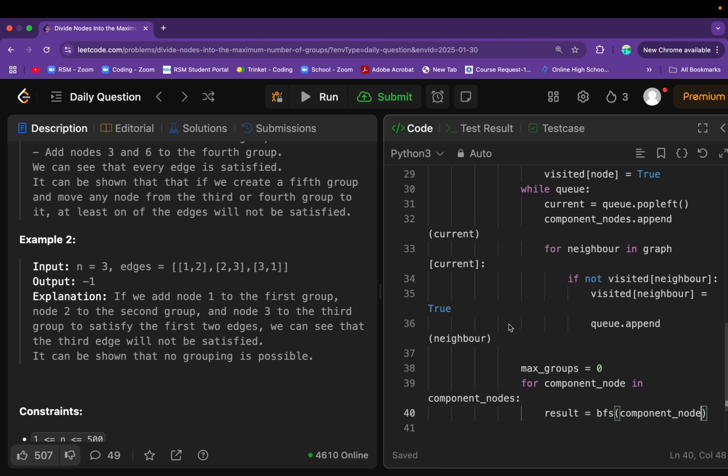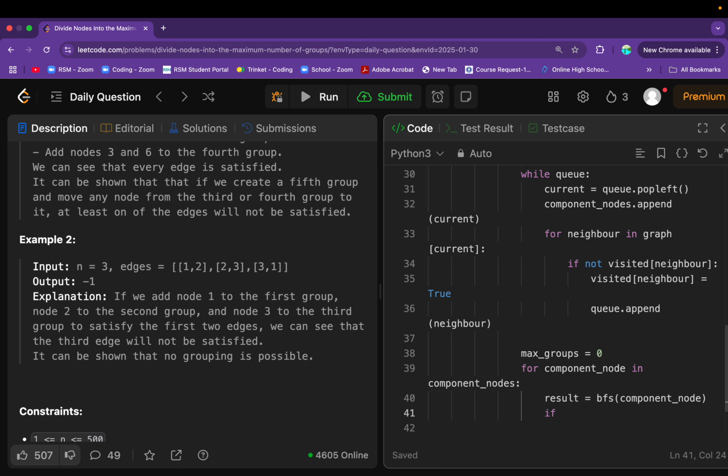Alright, so very straightforward here. Once we initialize the max groups for the current component, we're going to run BFS from each node in the component to find its maximum depth for that specific component. And this is where we have to check for an invalid graph. So if the result, basically the execution call of this BFS with the component node as a parameter, simply going to mark that component node as the starting node for the BFS call.